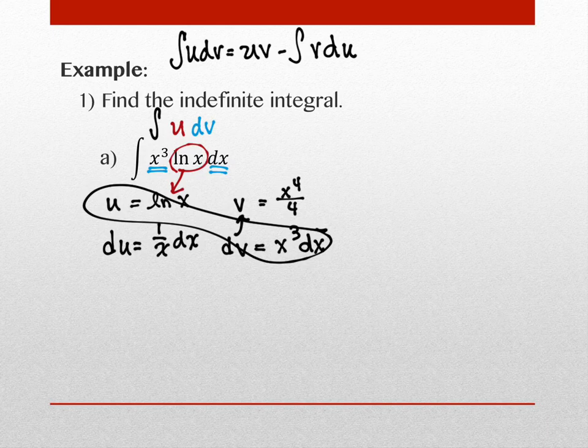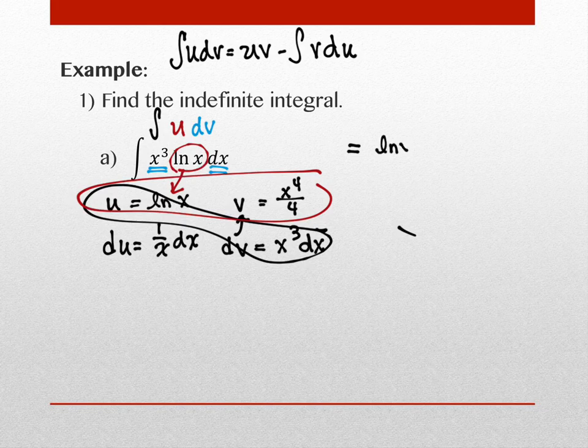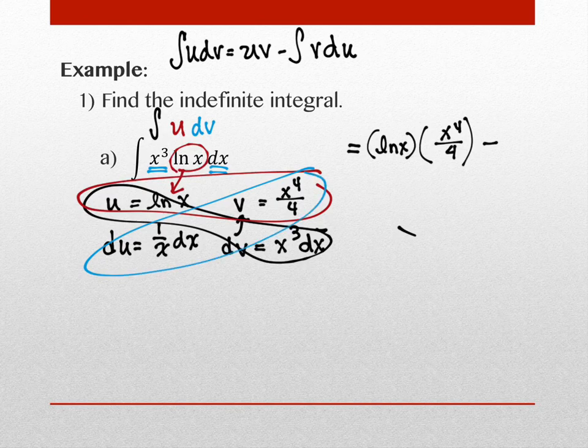When I do my integration by parts step, I do things in a different pattern. I start by multiplying the u and the v together. That step doesn't require any antiderivatives. I just write it down multiplied, so it's a very lovely step. It's the natural log of x times, in this case, x to the 4th over 4, u times v. And then I subtract the opposite diagonal as an antiderivative.